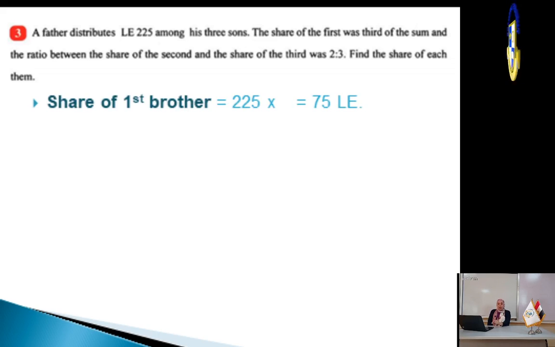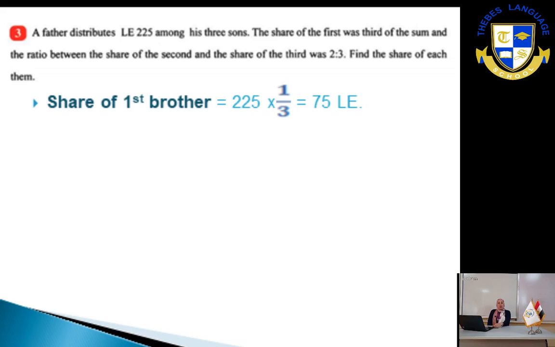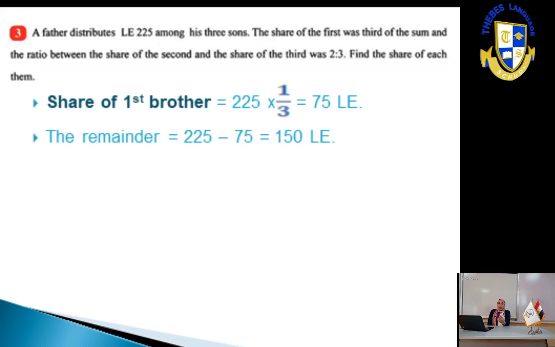Share of first son will be 225 pounds multiplied by a third, which is 75 pounds. Now we will calculate the remainder, which will be distributed among the other 2 sons. The remainder will be 225 minus 75 equals 150 pounds.